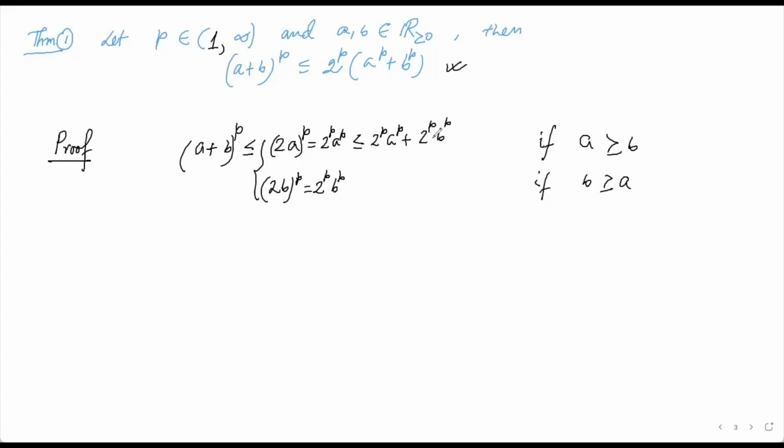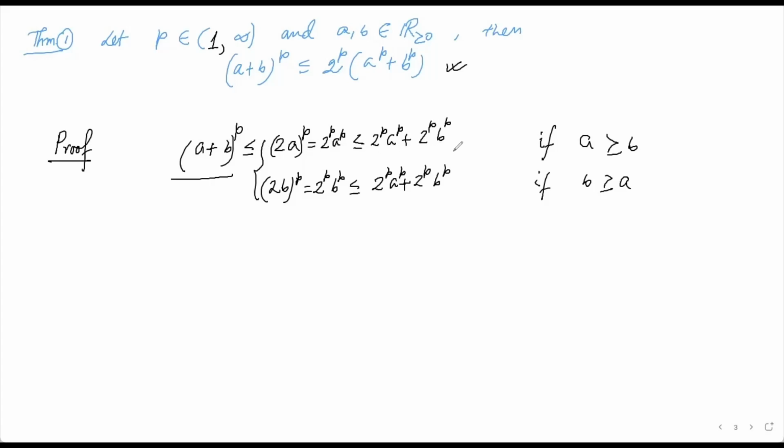So we are adding this extra non-negative term, so the right hand side is greater than or equal to the left hand side, and similarly for the other case. So in either case, whether a is greater than or equal to b, or b is greater than or equal to a, (a plus b) whole power p is less than or equal to this common quantity.